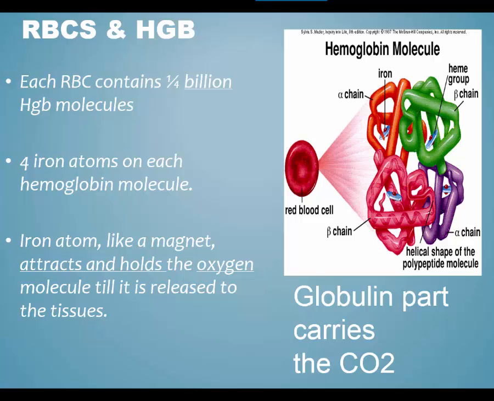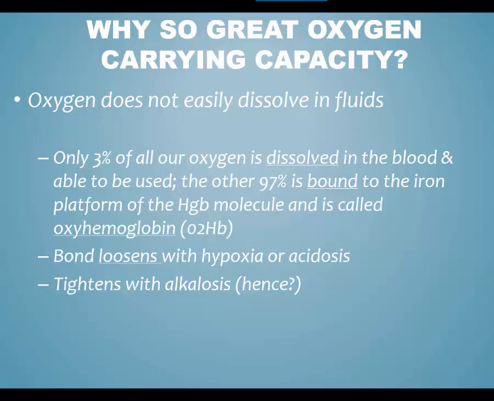So any problems with this RBC, like an iron deficient diet, can affect gas exchange. Now, with each RBC containing 14 billion hemoglobin molecules, that should be a lot of O2 being moved around. But what happens is that only 3% of the O2 is dissolved in the blood and accessible for use.